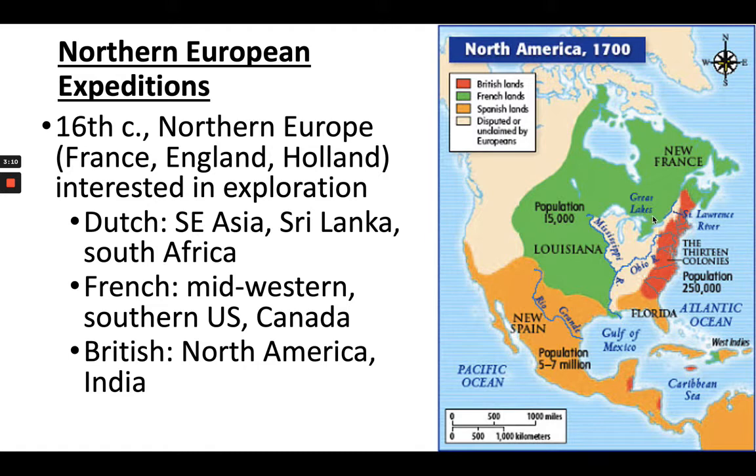but doesn't involve hitting New Spain. The Dutch will set up colonies primarily in Southeast Asia, think specifically Indonesia. They will also claim Sri Lanka and South Africa. The French will set up their colonies in North America, in the Midwest, in the South via the Mississippi, and in Canada.